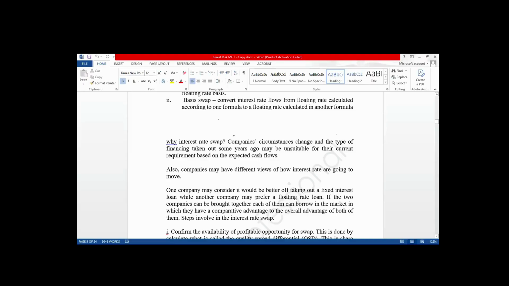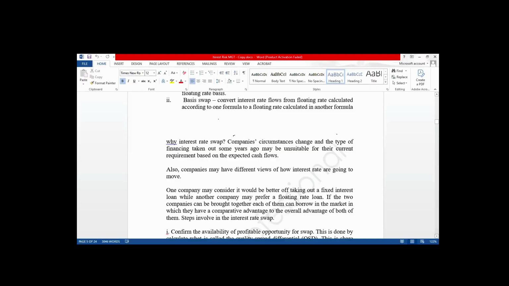At times, a company may prefer to borrow at a floating rate. But comparatively, the company is better off borrowing at fixed rates.